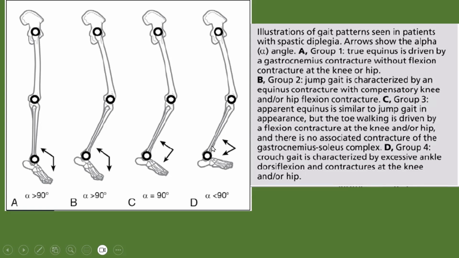In group 3, you have an apparent equinus. It's similar to the jump gait, but the toe walking is driven by the flexion contraction of the knee. So, in other words, the gait depends on the equinus position of the foot. It depends on the amount of flexion of the knee and hip to clear the foot off the ground.